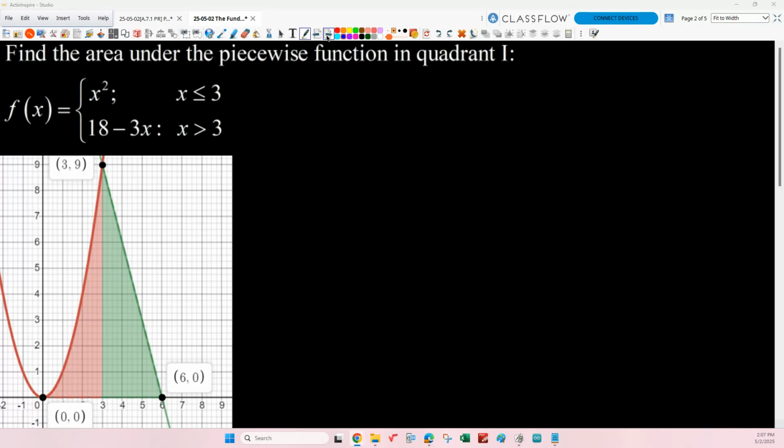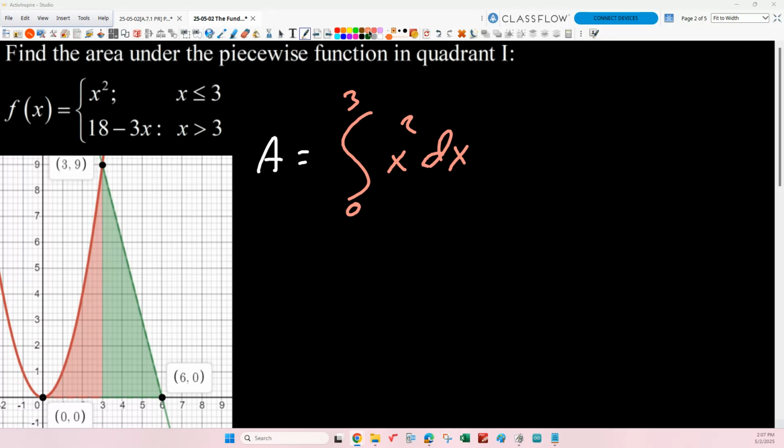We're just doing something like the area is going to be the integral of what? x squared dx from where? 0 to 3. Everybody buy that?